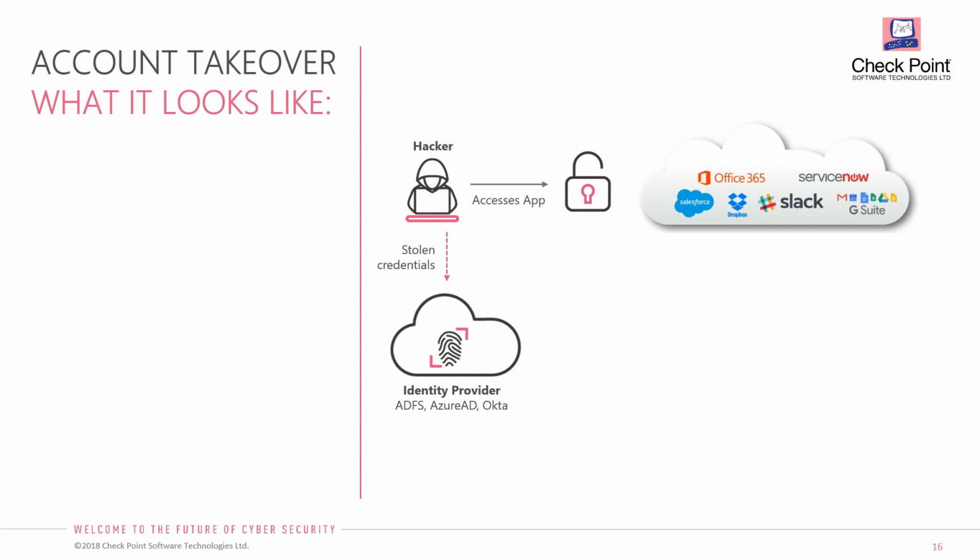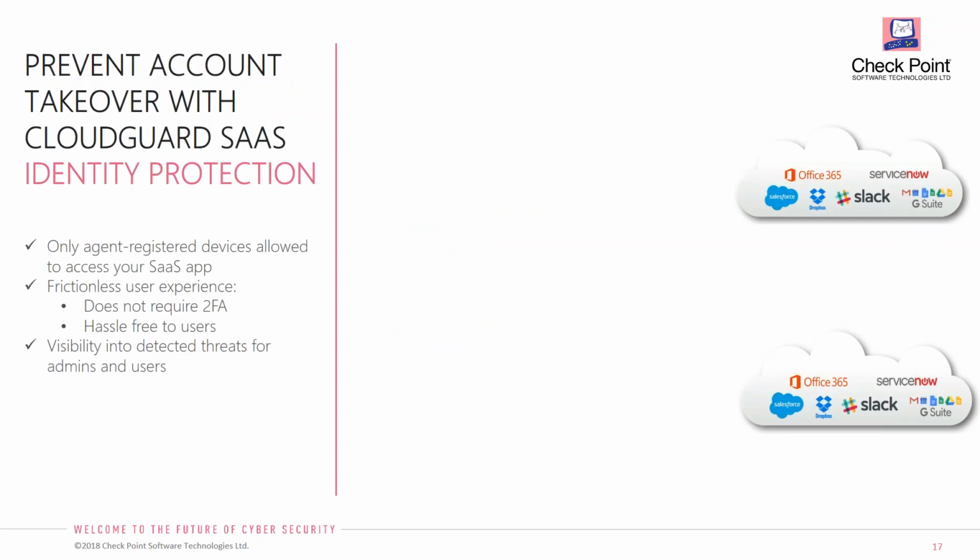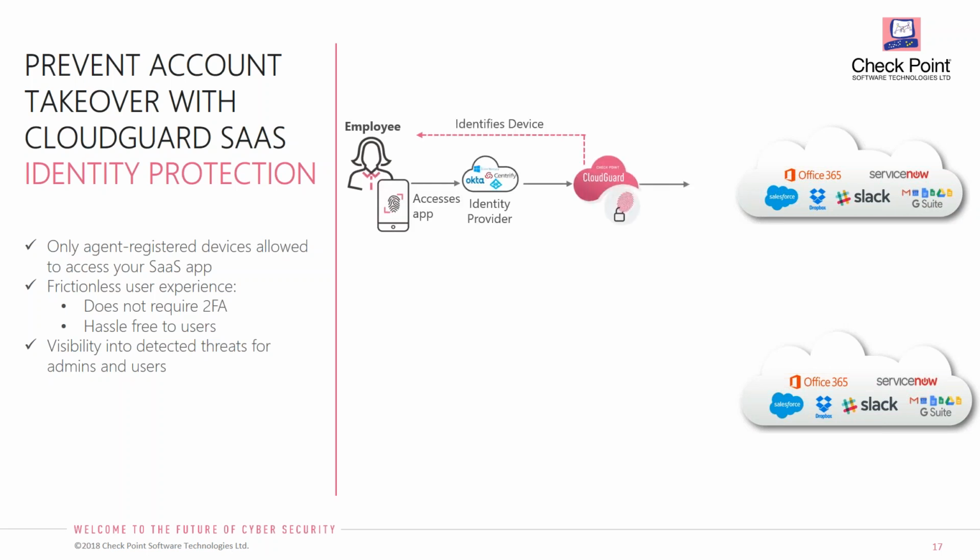Okay, obviously if your credentials are correct, if you're the bad guy, your identity provider will say yes and sign you in. What we're able to do with our ID Guard capability within CloudGuard SaaS is to say there is one of two ways of operation. Okay, there is an agentless method. So for example, if the employee tries to sign into the identity provider, we obviously can feed in and get information from the device if we wish.